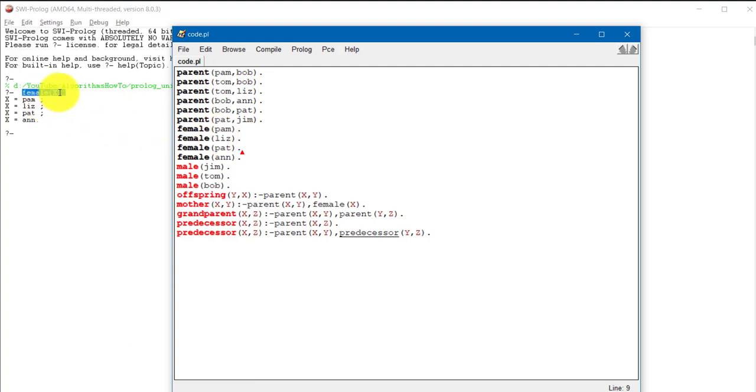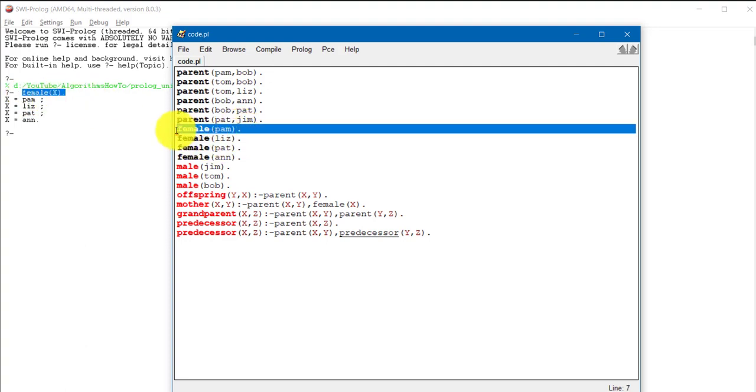If I initialize X with Pam, it becomes female Pam, so it matches this fact over here. That's why Prolog answers with X equals Pam. It finds which value of X makes the resultant complex term the same as the complex term defined in our knowledge base.